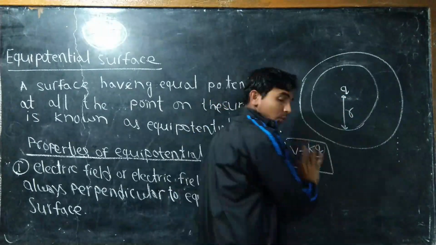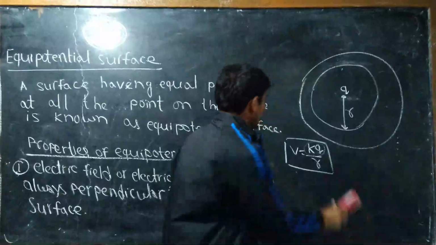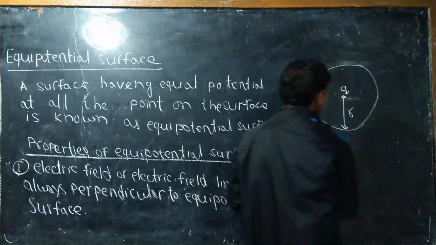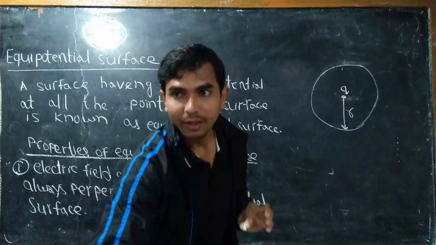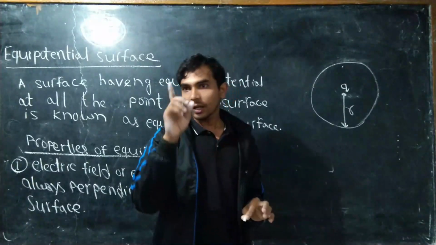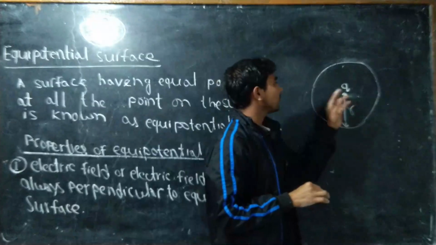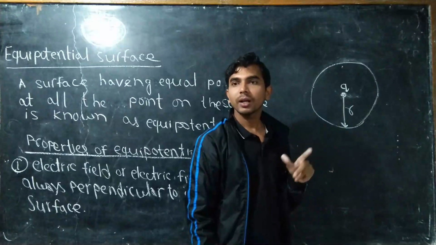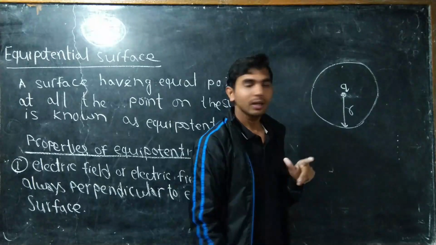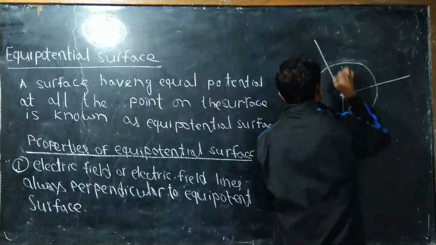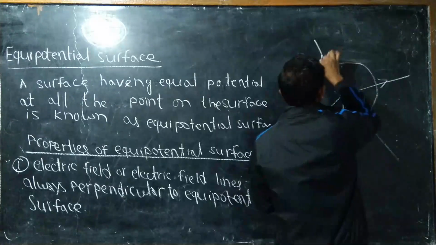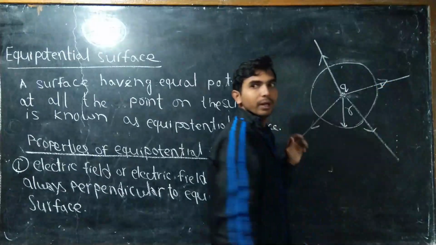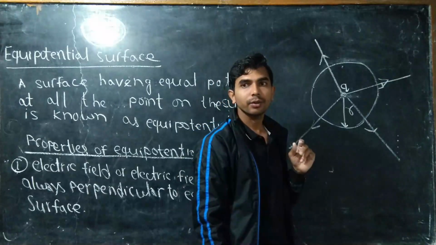Now, this is your equipotential surface for a point charge. One more thing: this point charge is positive, so electric field lines will originate like this. You can see clearly these electric field lines are perpendicular to the surface.